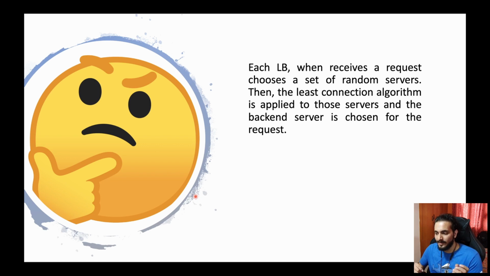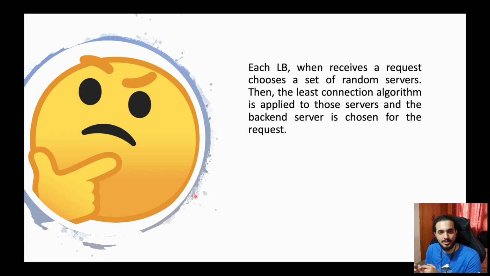Now, when the load balancer comes across any request from a client, let's assume load balancer A gets a request. What the load balancer is going to do is it's going to add another layer of complexity to this. It's going to choose a number of random servers from a set of web servers that it's serving to. Let's assume there are 100 servers and 10 load balancers.